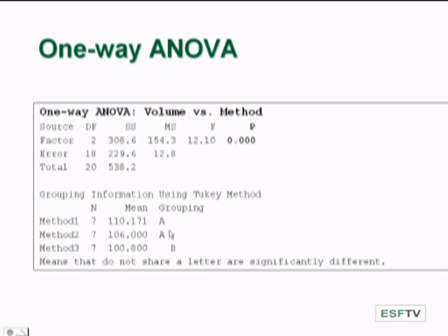Even though the means are mathematically different, there is no statistically significant difference between the mean volume for these two treatments. However, method 3 is significantly different from both method 1 and 2. It's lower. It's producing a statistically lower amount of volume from this method.